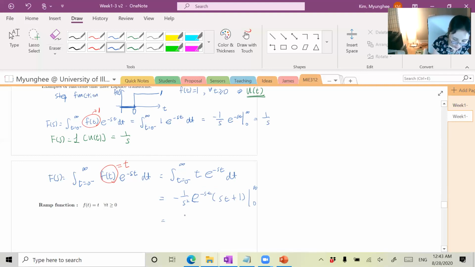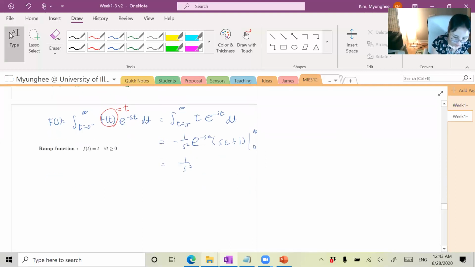Then it becomes 1 over s squared. So the Laplace transform of t u(t) becomes 1 over s squared.